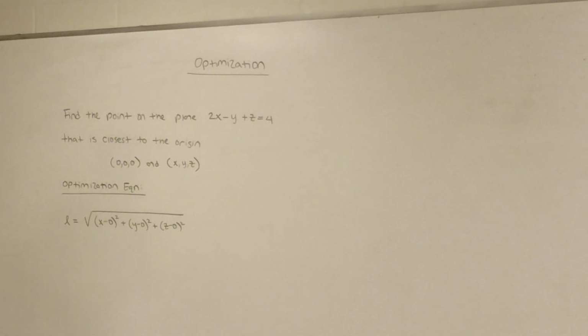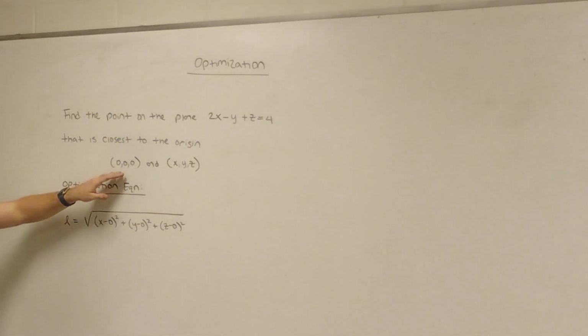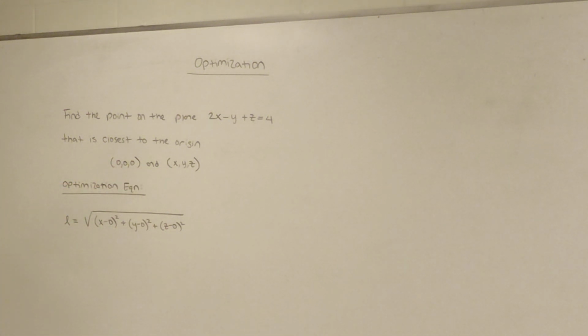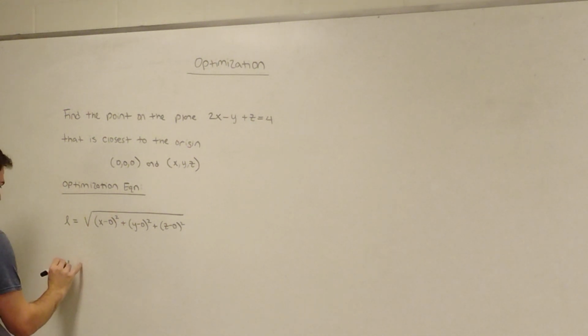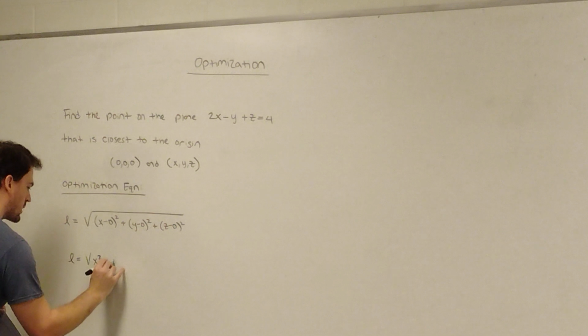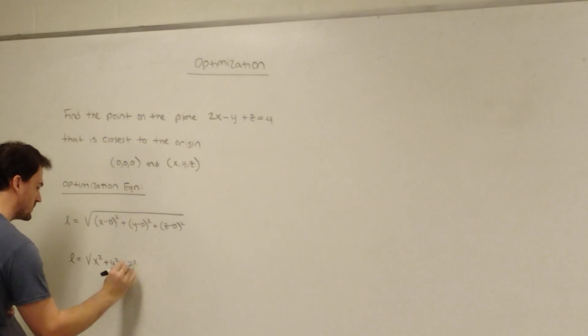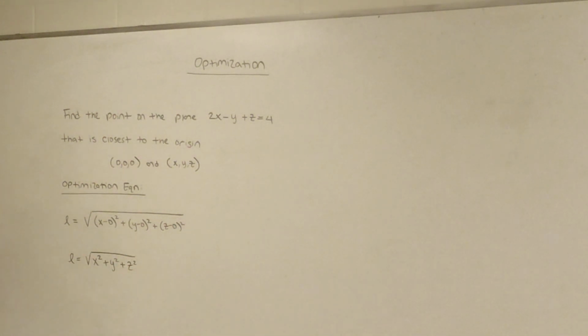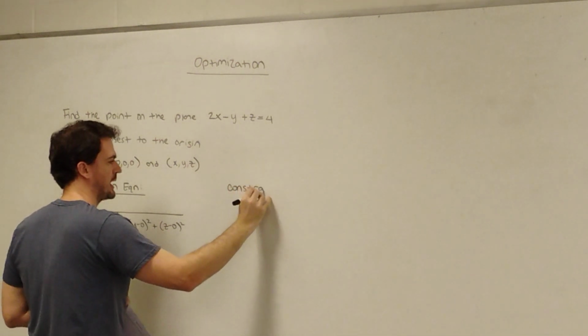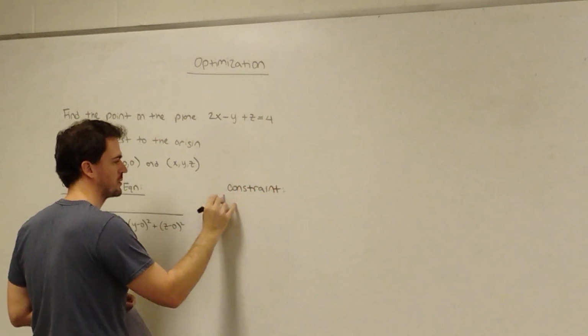So again, it feels pretty similar. I've got 2 points, 0, 0, 0, the origin, and now x, comma, y, comma, z. So my optimization equation is my distance. That is the square root of x squared plus y squared plus z squared. How do I find the constraint?